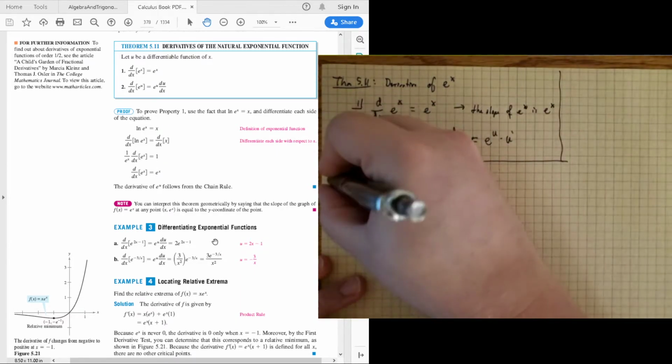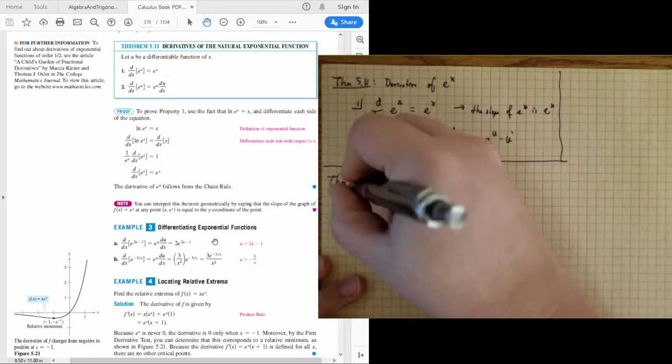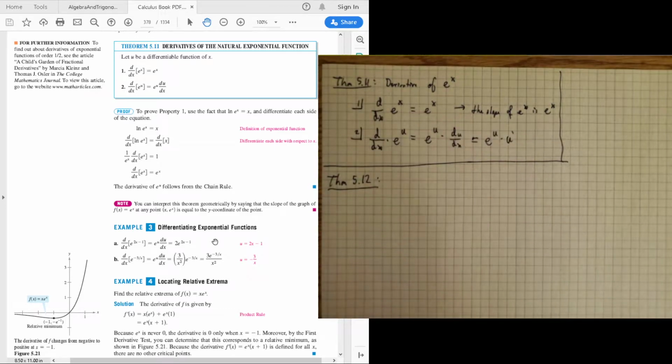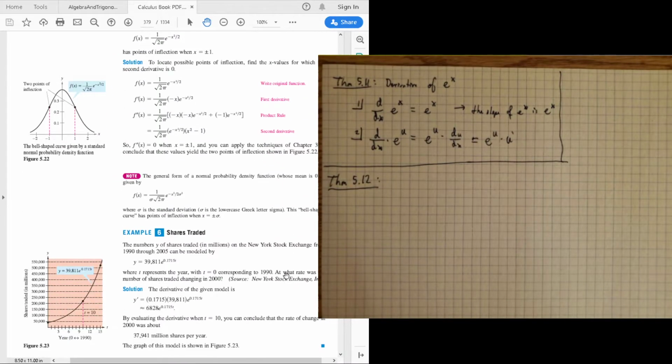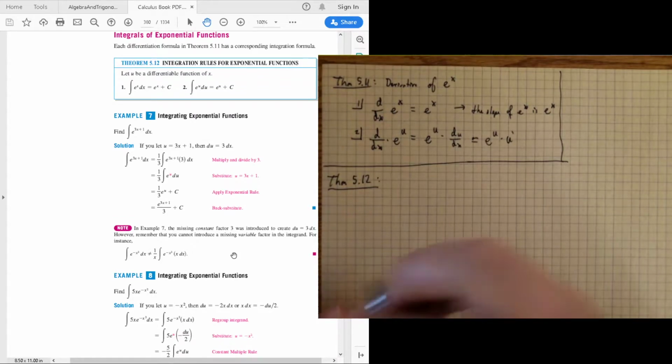Okay, now let's talk about theorem 512. This is the integration of these functions. Like I said, we'll go back and go through each of these, but here we go.